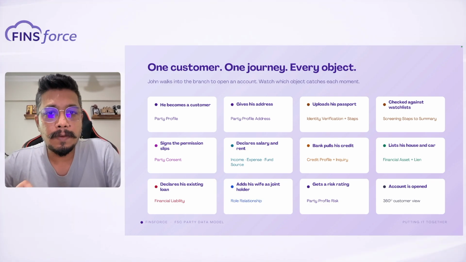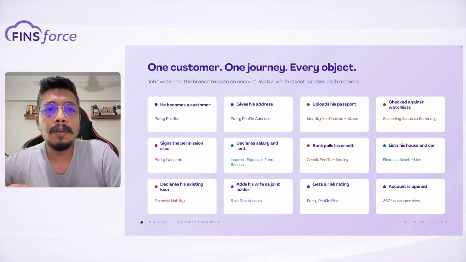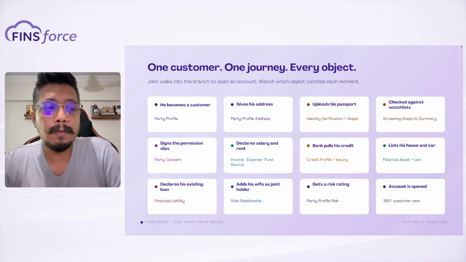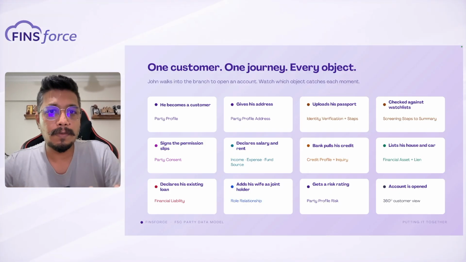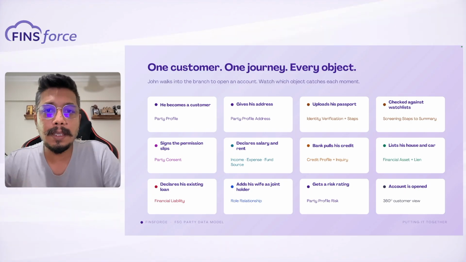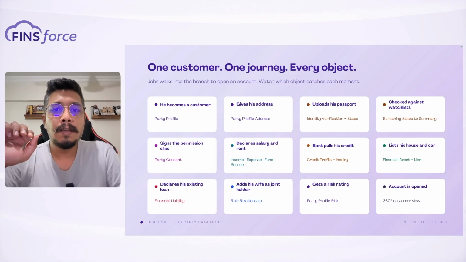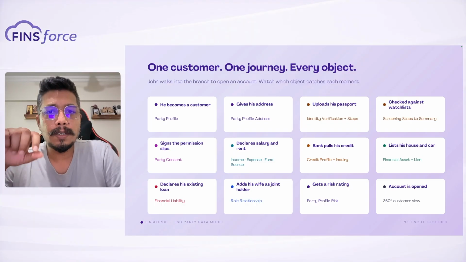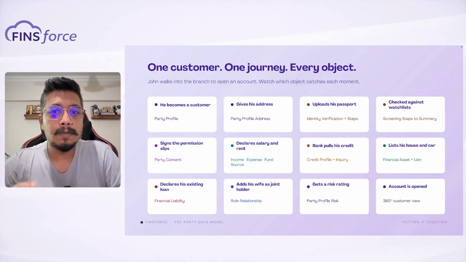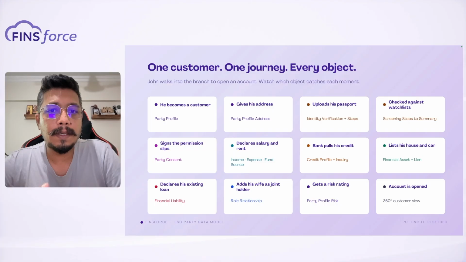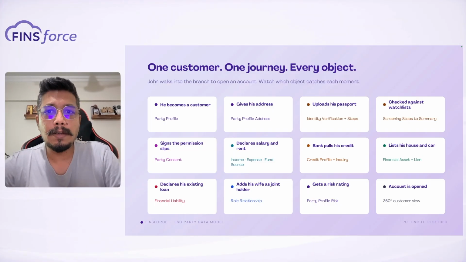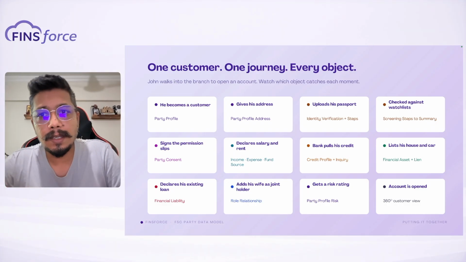Then if you give permission to share your salary slip and all your data collection, it is going to be stored in party consent. Then I say this is my salary, this is my rent; that information, like money in, money out, is going to be stored in income, expense and fund source objects. If the bank pulls your credit score, it is going to be stored in financial profile and the inquiry.